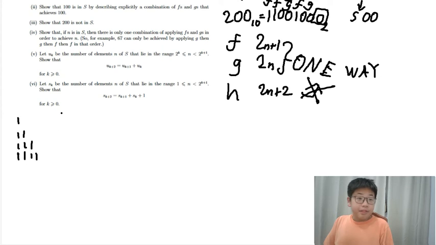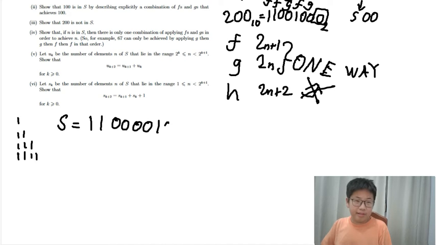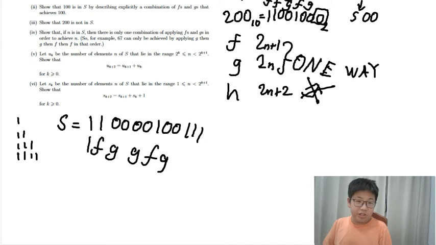So, show that if n is in S, there's only one combination of this. Let's say your good old S, your binary string, is 1, 0, 0, 0, 0, 1, 0, 0, 1, 1, 1. Great. So that means you can go 1. And then you have an F, then G, G, F, G, F, F, F. Which reminds me, I think I see an error in here.